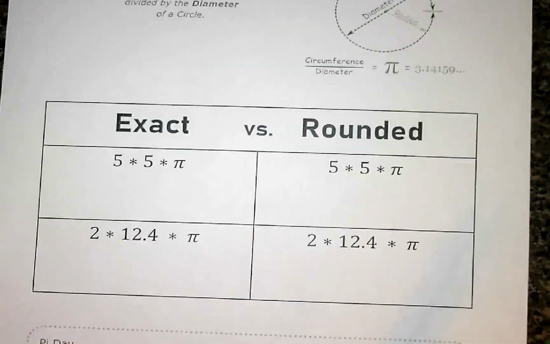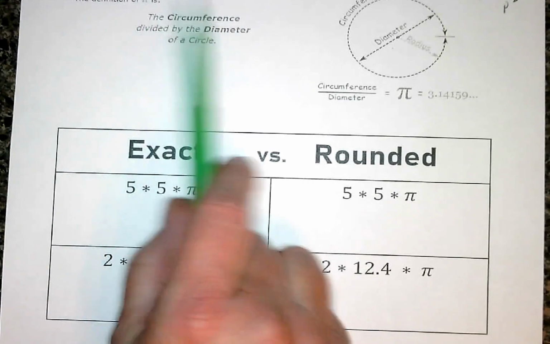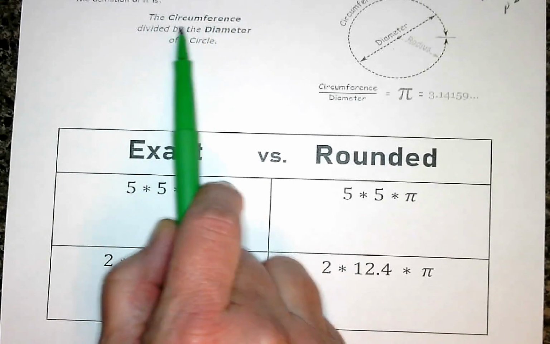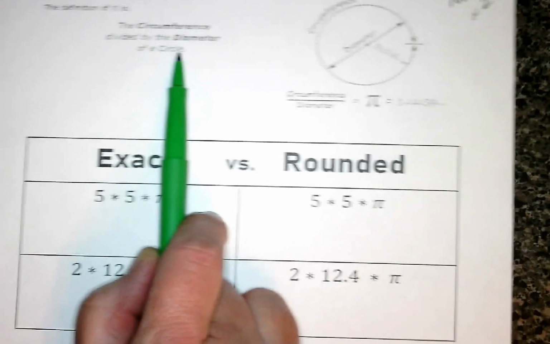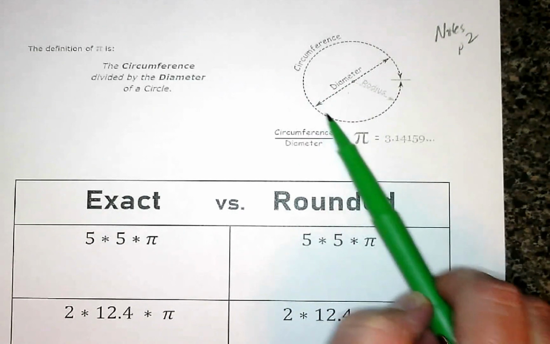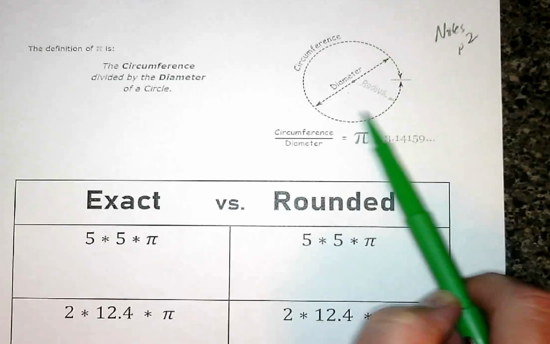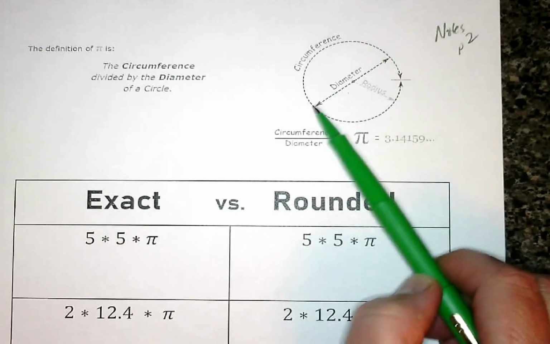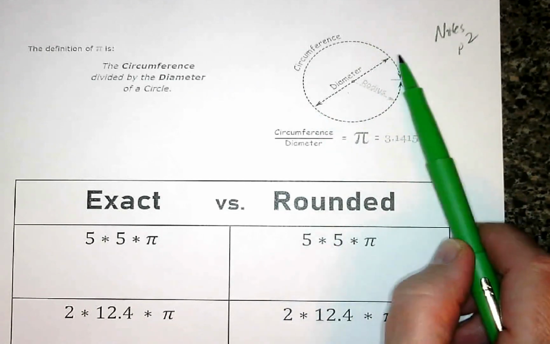Let's quickly go to page 2 here. By definition, this is kind of a review. The definition of pi is the circumference divided by the diameter of the circle. So if you see over here on this picture, we've got the circumference, which is the distance around the circle, and we've got the diameter, which is the distance across the circle.